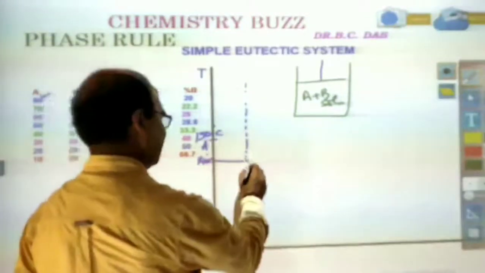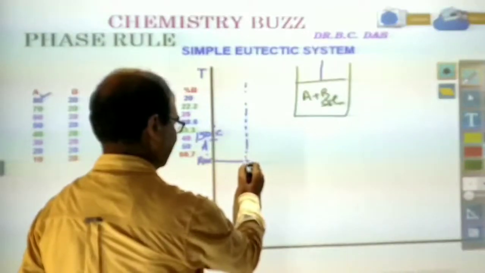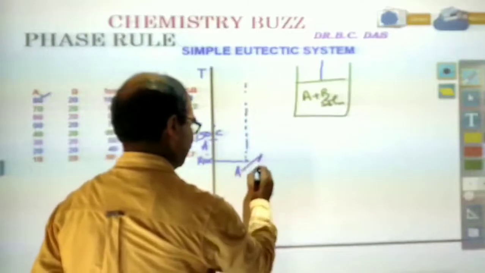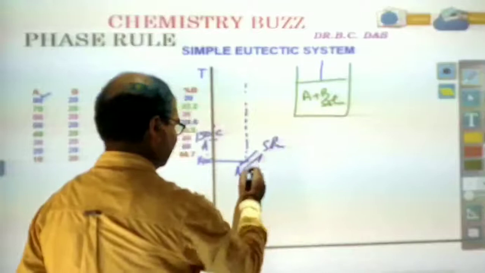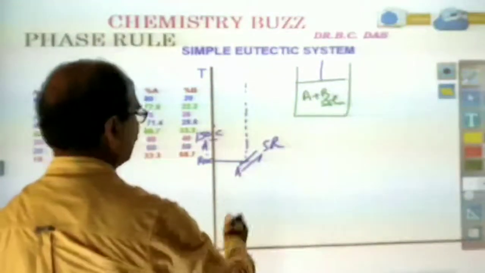So at 140 degrees centigrade is the freezing point of A. At this point, A will be in equilibrium with the solution, and some solids of A are formed.